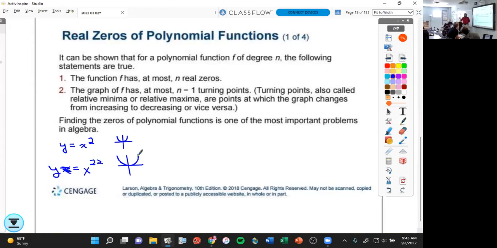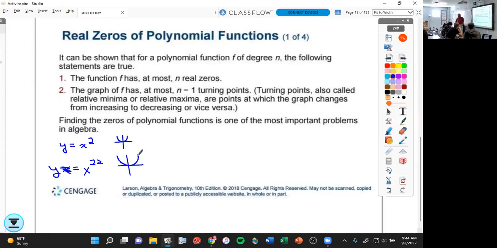I guarantee, and think about this, I guarantee an even function turns at least once, always. Why? If it's up, up, it's got to turn. If it's down, down, it's got to turn. How about an odd function?